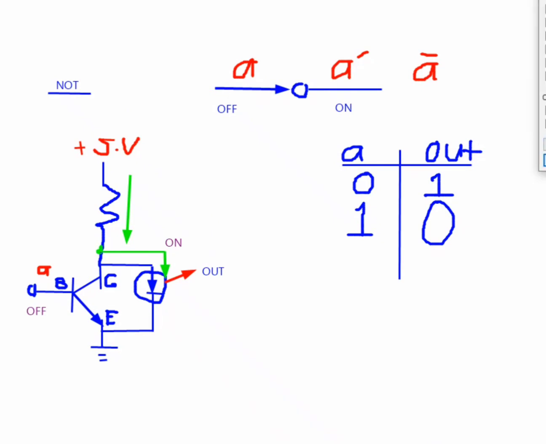Just like if we have 0 in the input, the output will automatically be 1. And if the input has a value of 1, the output will be 0. It's always the opposite. And that is our logic gate for NOT.